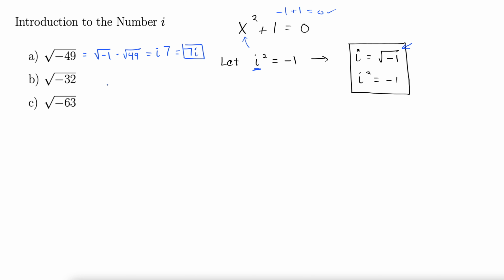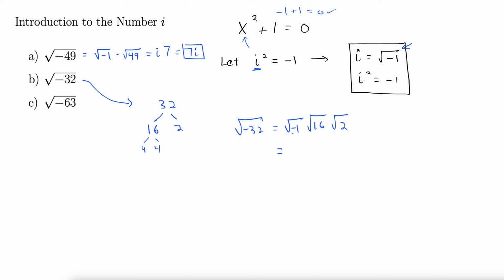Let's try the second one here. Square root of -32. Okay, so we need to find a perfect square inside of 32. So let's see here. We could do 8 and 4. No, I'm thinking 16 and 2, because 16 is 4 times 4. Okay, so I'm going to rewrite this square root of -32 as the square root of -1 times the square root of 16 times the square root of 2.